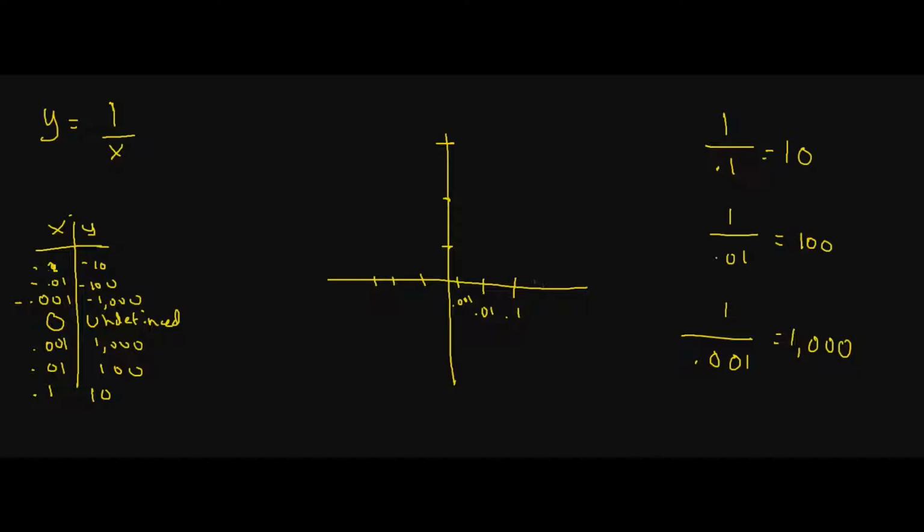At 0.1 it's at 10, so it's somewhere over here. At 0.01 it's at 100, which is somewhere, let's say, right here. And then at 0.001 it's all the way up to 1,000, over here. And we can see the same thing over here, right?